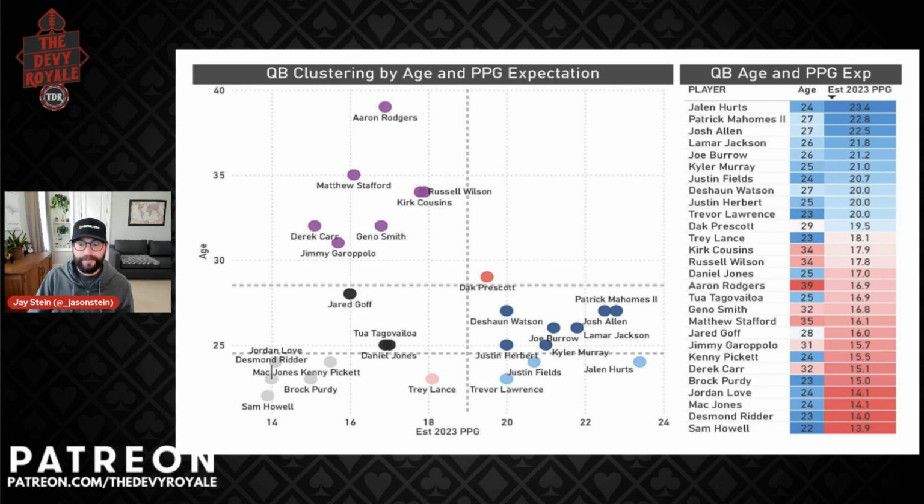So that's how I'm looking at the value perspective. Again, if you want to score points but you don't want to break the bank, Kyler Murray and Deshaun Watson look good. And to a lesser extent, Lamar Jackson and Dak Prescott look cheap relative to their peers. If you're rebuilding, I'm very interested in grabbing Trey Lance, Joe Burrow, Derek Carr, Kenny Pickett, Jordan Love, and a few others. They look a little expensive relative to their peers.